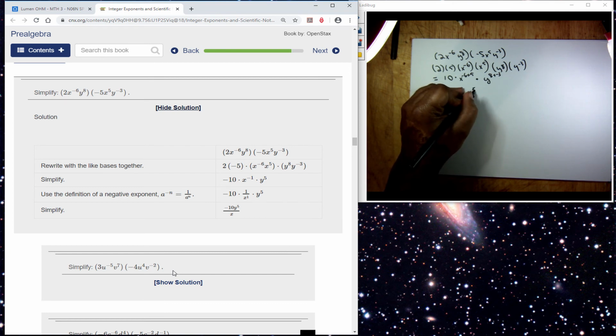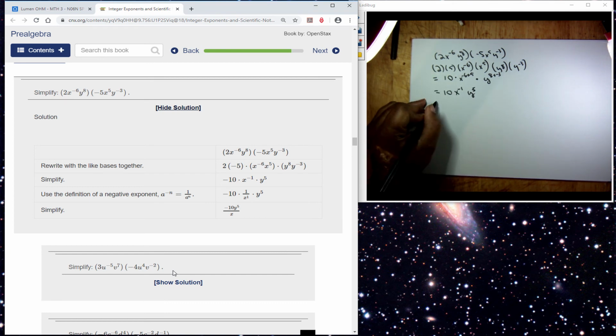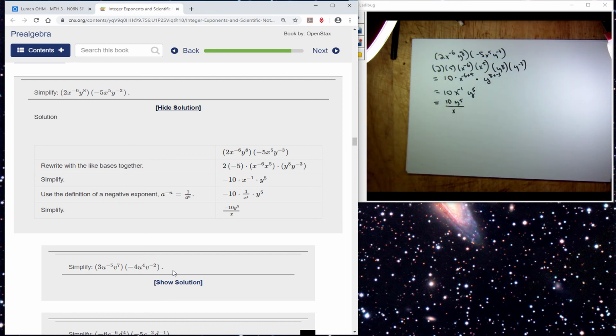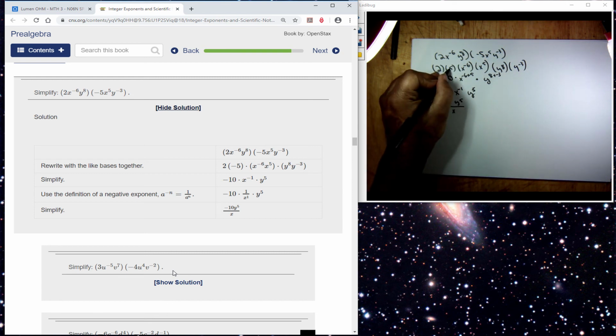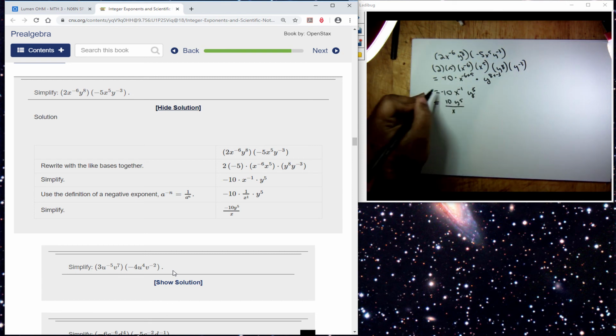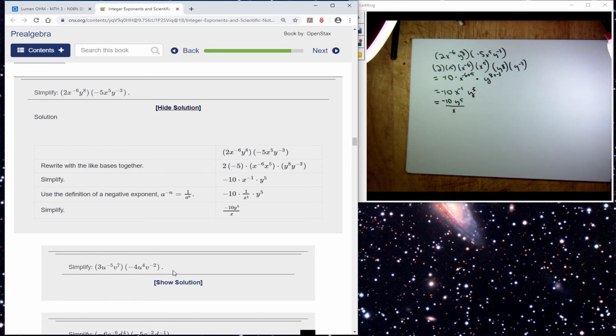Okay. We can rewrite this with positive exponents. x will be on the bottom, y to the fifth up top, and a 10. And what else is there? Did I leave something out? Okay, there was a negative there. Negative, negative, negative, and a negative. And that's that one there.